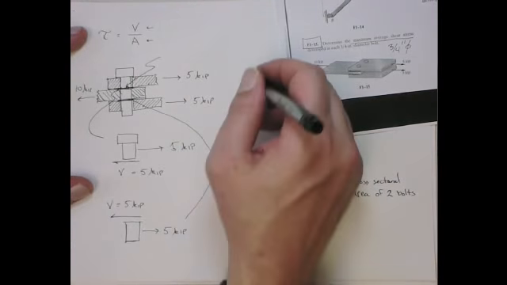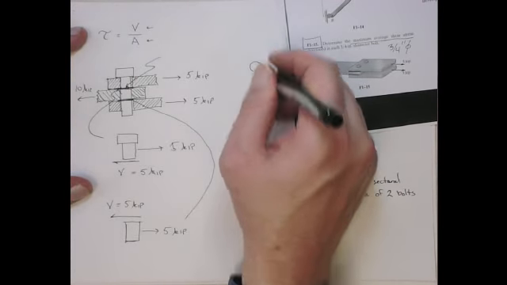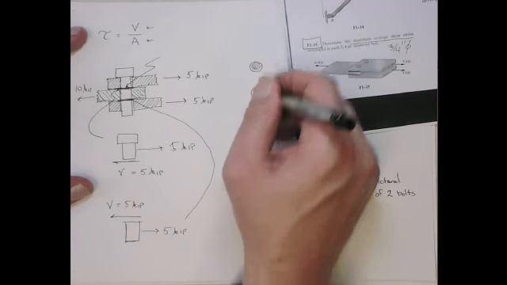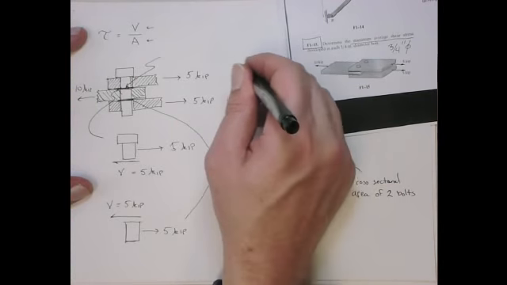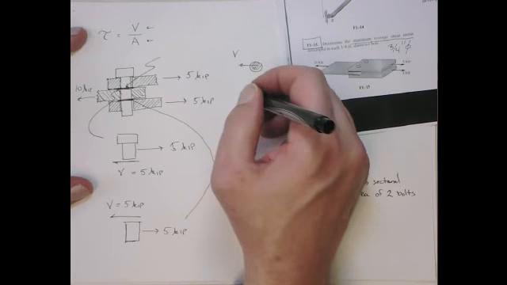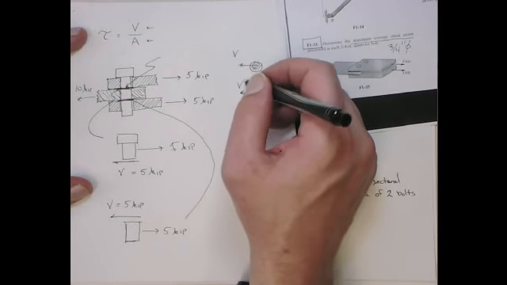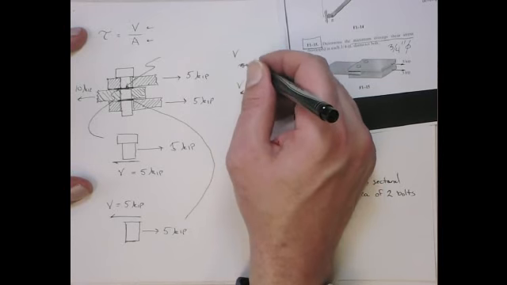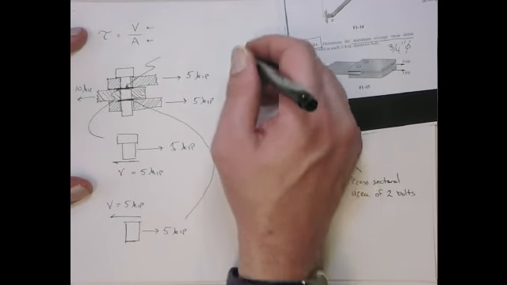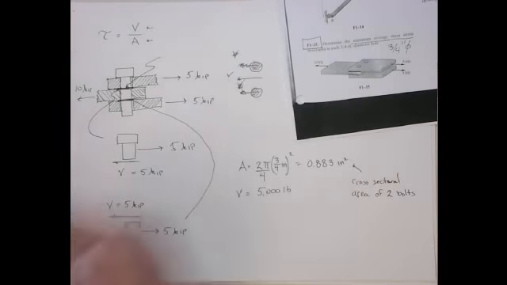So another way you can look at it. If you look down from the bottom view, here are the 2 bolts. Here's their cross-sectional area, and you have the shear force, the V, acting on both of those, right? The V, in a sense, acting on this total area. So it's the V of the 5 kips over that total area.